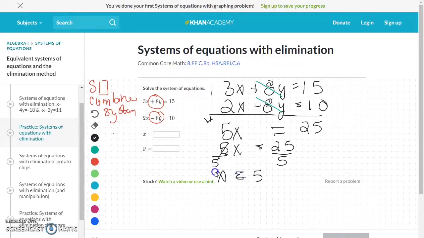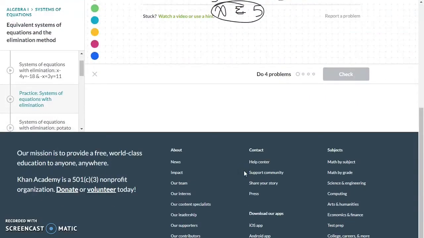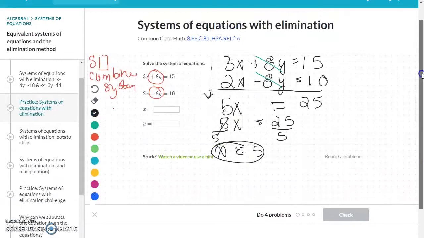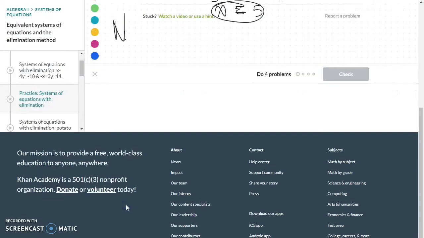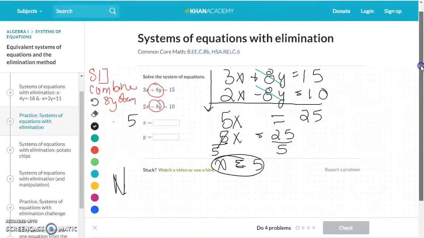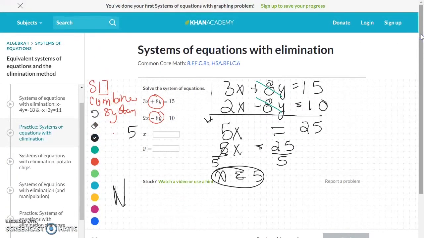Once you get positive 5, you're going to substitute that amount into any of the original equations to solve for y. You can substitute it in the first equation if you like, or you can substitute the 5 in the second equation if you like.